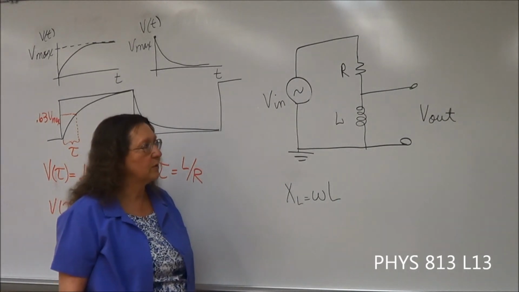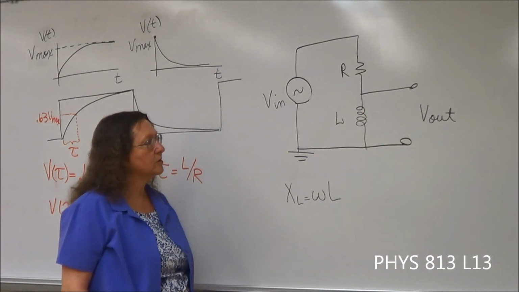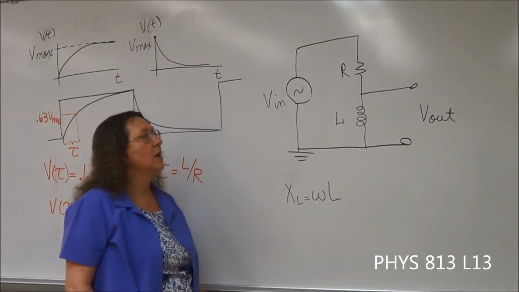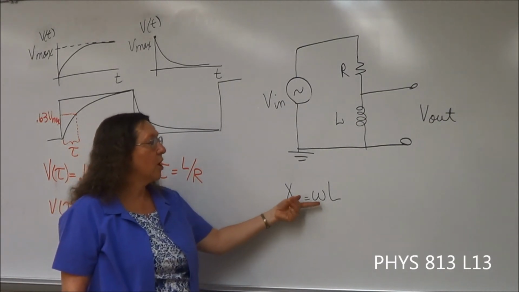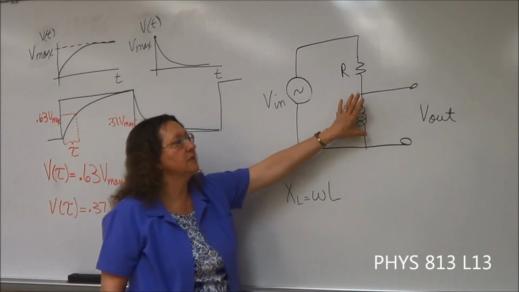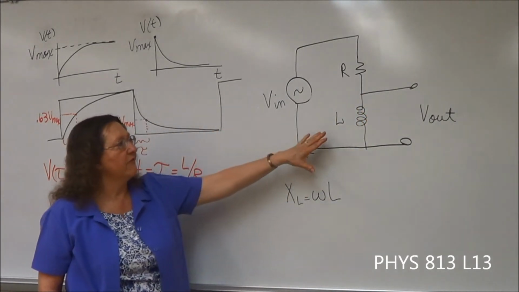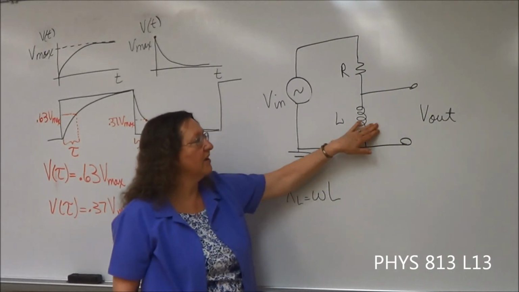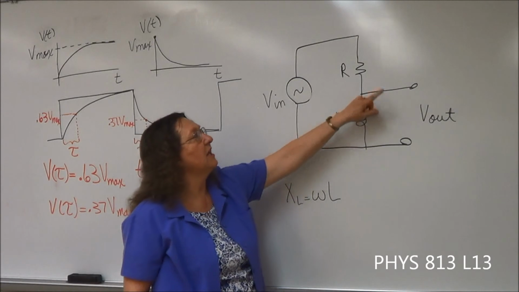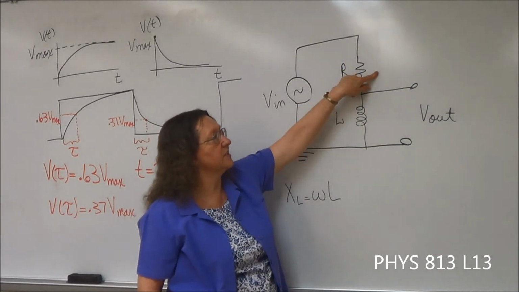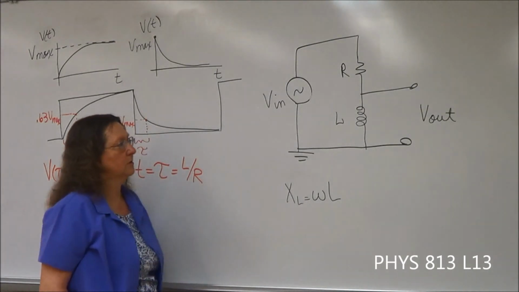So for the low frequencies, it's not going to have much voltage out, and therefore this would be a high-pass filter, because the high frequencies you will get a result over here. Now, if you're connecting here for high frequencies, and this would be a high-pass filter, then if you were to connect across the resistor instead, that would be a low-pass filter.